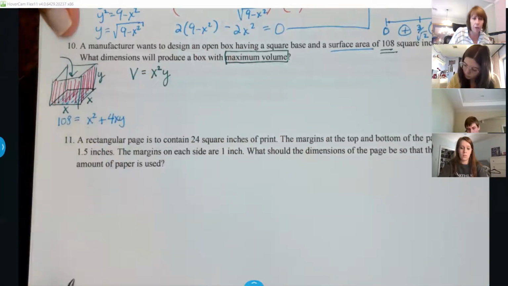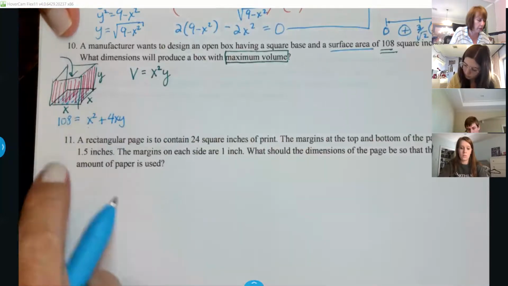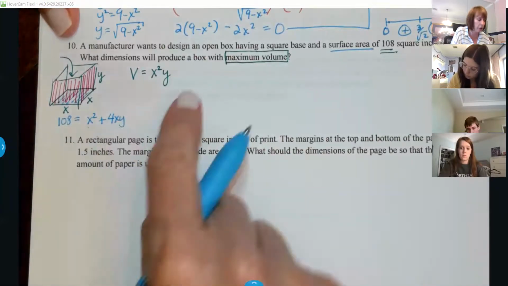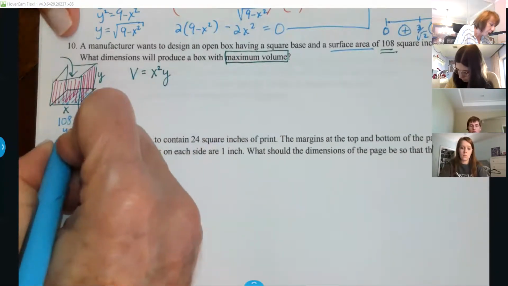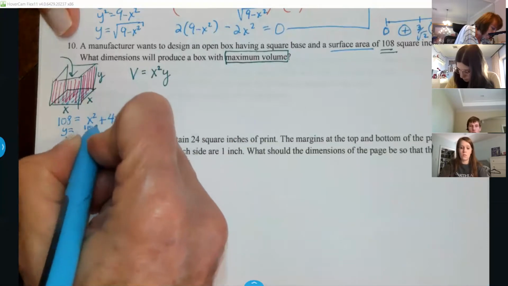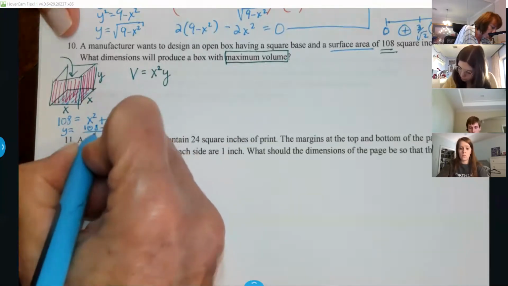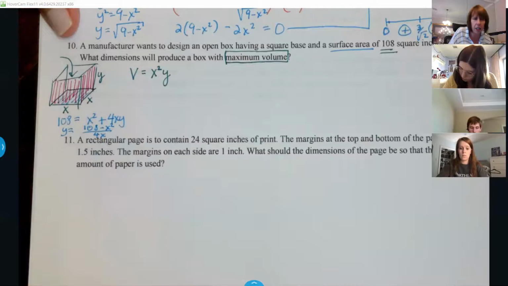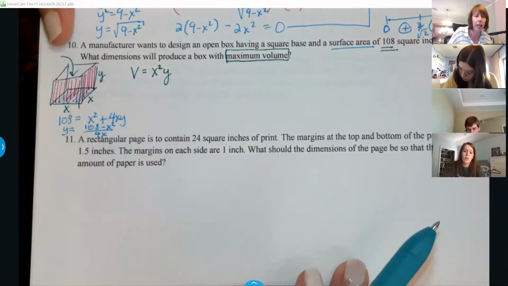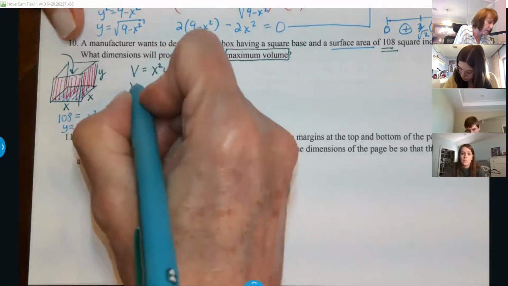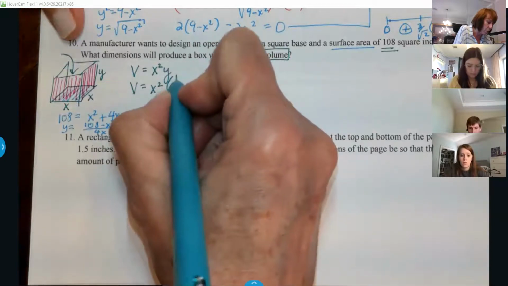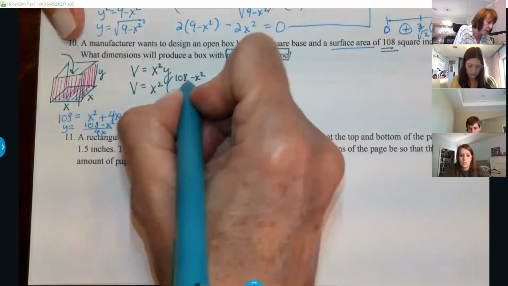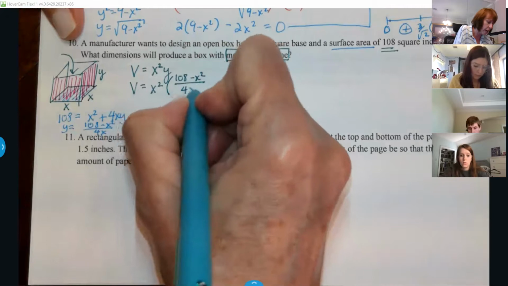I can solve that for y and get my equation to replace this y with. So y will be 108 minus x squared all over 4x. Okay, sorry that I scrunched that in there, but that's what that is. So the volume will be x squared times 108 minus x squared all over 4x.